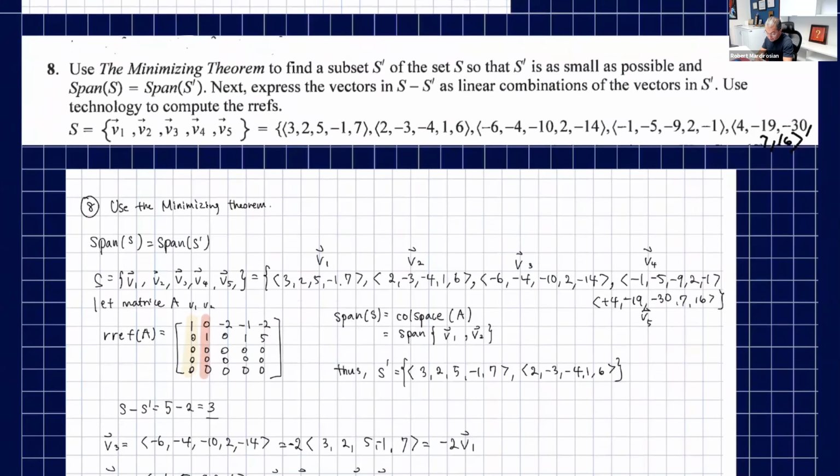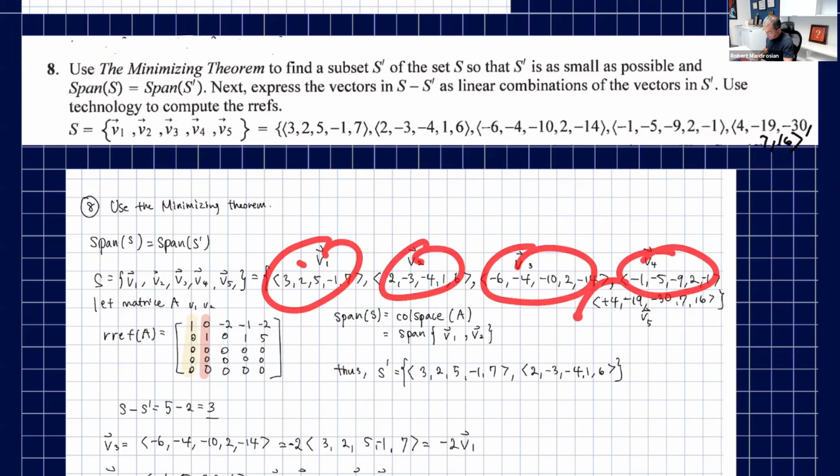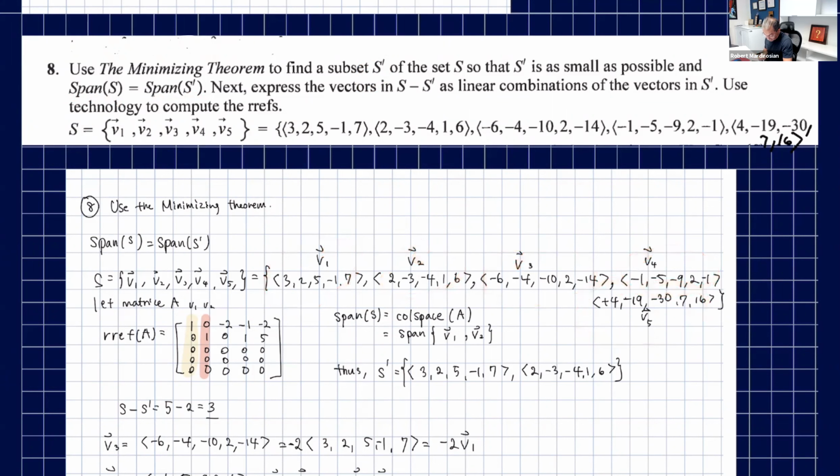Use the minimizing theorem to find the subset S double prime of the set S, where S double prime is as small as possible and has the same span as S. If you are given a set of vectors, here we have 5 vectors, V1, V2, V3, V4, and V5, and we are in R6.